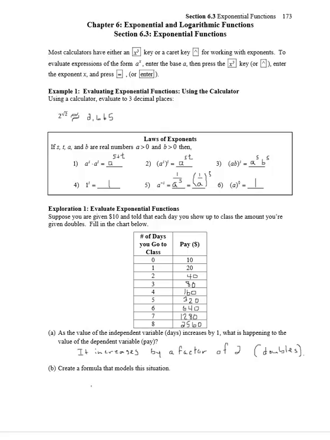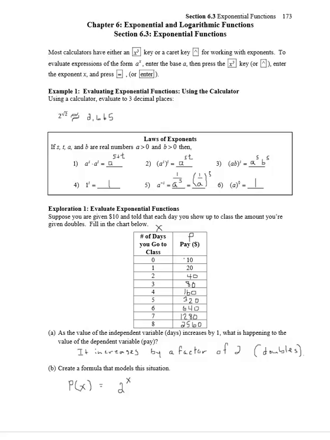So let's make a formula that models that situation. So we'll call the pay P and we will call the days X. So P of X, the pay, is 2 times the number of days. But does that quite work? Well, no, because if we put 0 in for X, we get 2 to the 0, which is 1.